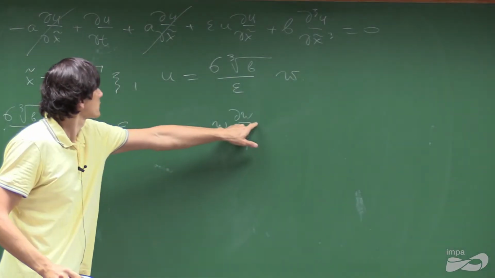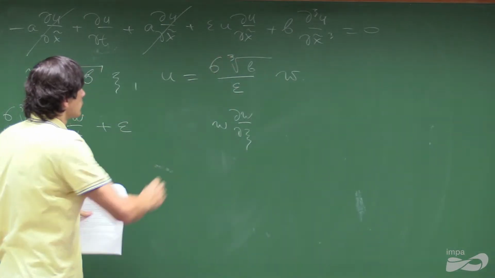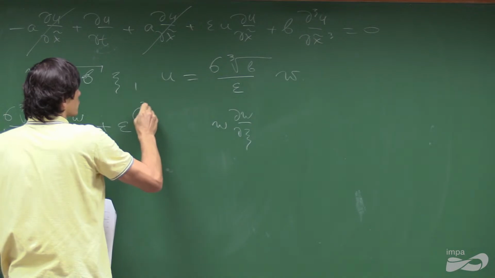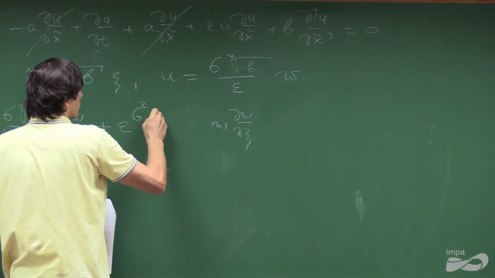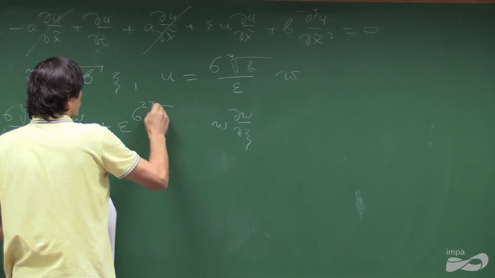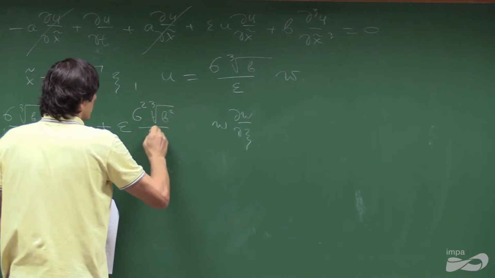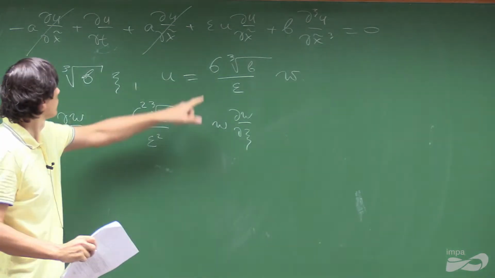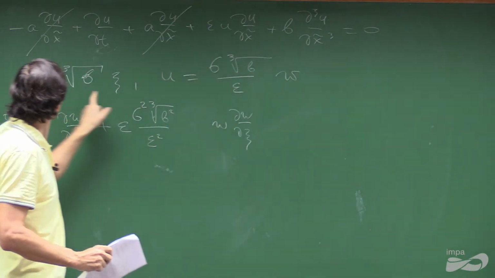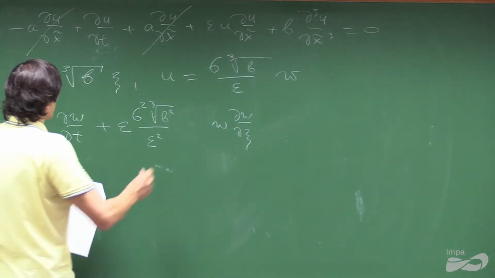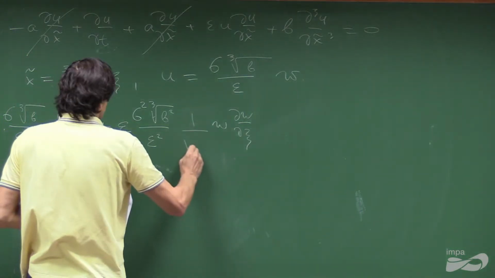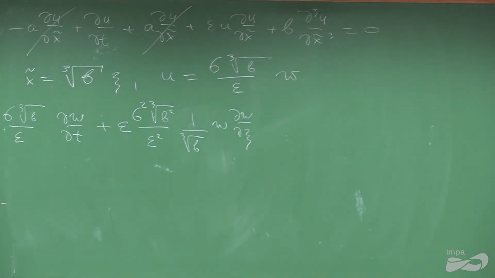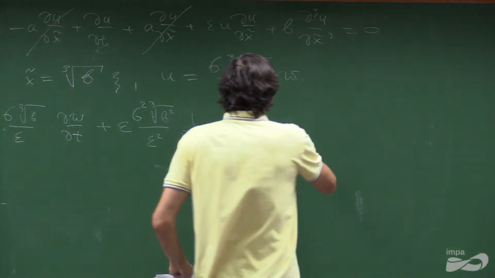From twice w's you get the square of these coefficients. So it will be 36, then cubic root of b squared, epsilon squared, and then from x you get this term. It's 1 over cubic root of b. And then the last term will be plus b.